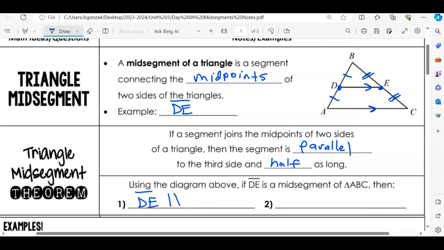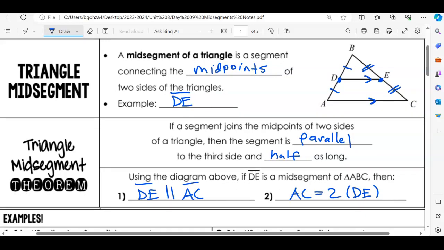So using this diagram above, we would say that DE is parallel to AC. And then this is important. AC, that outside segment, is 2 times the inside segment DE.